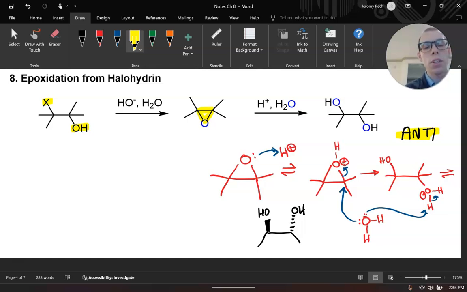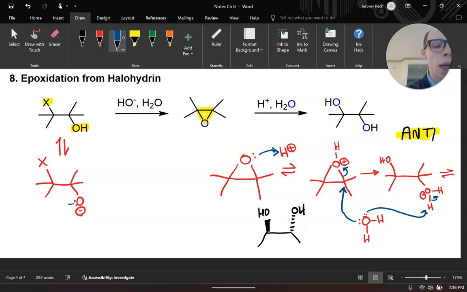You can do an epoxidation from a halohydrin. That mechanism is based a lot on an SN2-like process. So if you use basic conditions, so if you use a base, that alcohol will be deprotonated and generate a structure where you have a halogen, and then you'll have your O-.